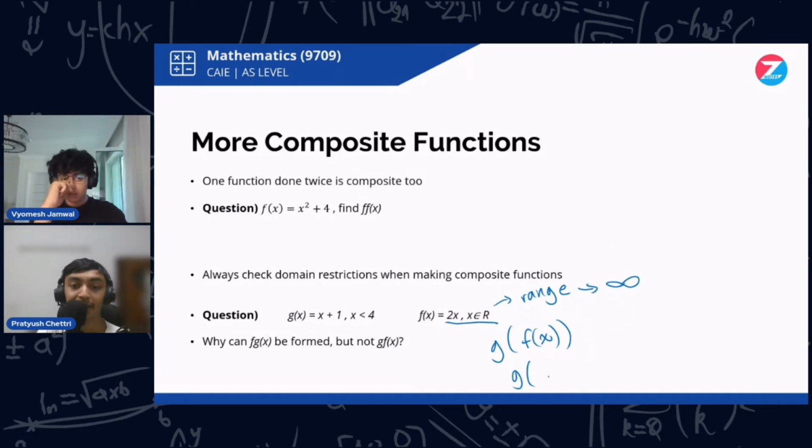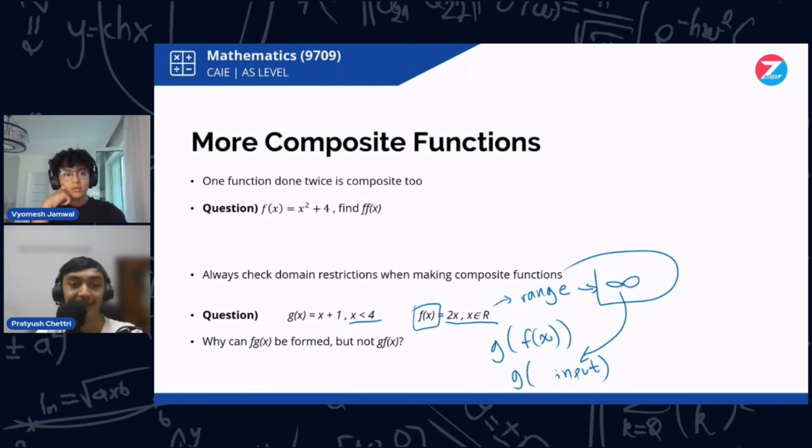And when you input f of x's range, so f of x's output, into g of x, this range is the input into g. And g has a restriction that says, hey, you can't have x values greater than 4. But you've just put in the output from f of x, which goes up to infinity, doesn't stop.